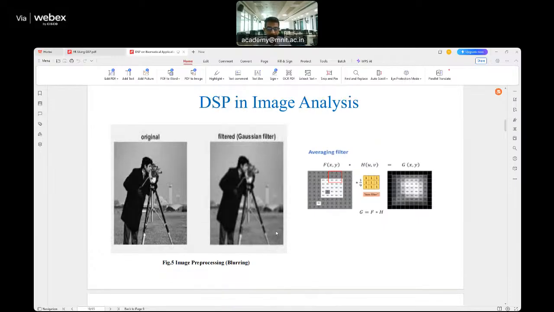So DSP in image analysis: recall this cameraman picture. Here you see the original picture, and then the filtered one. How are we able to get it? At the operation level, you convolve with some filter.